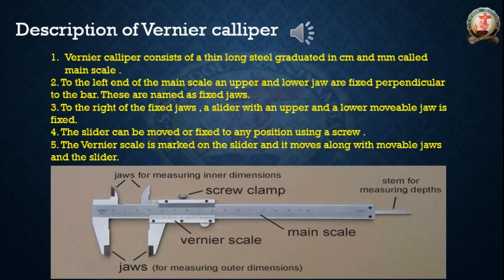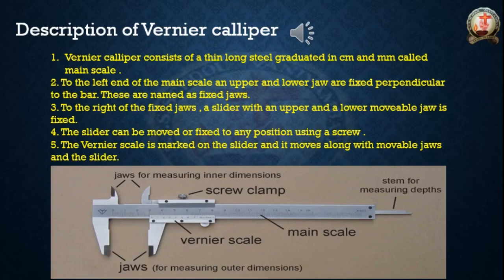One is on the upper top side of the main scale, and one is on the down side of the main scale. That jaws' name? Fixed jaws. How are these two jaws fixed? Perpendicular to the main scale.